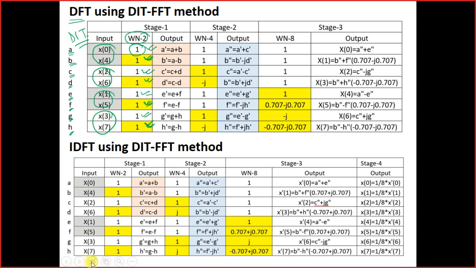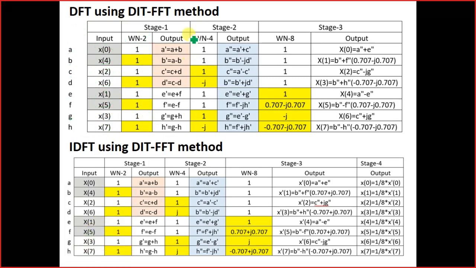Now the next thing comes: the output. How to calculate the output? We know the output in the first stage is between x0 and x4. So a dash equals a plus b, and b dash becomes a minus b. Similarly, between x2 and x6, you will get c plus d and c minus d.